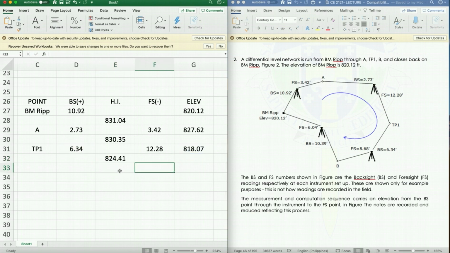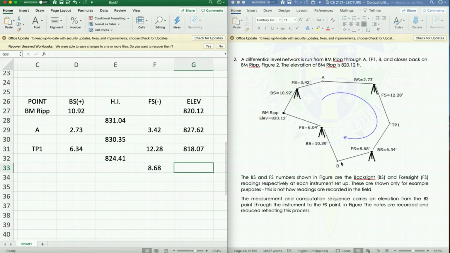Then let's find the foresight of TP1. This is the foresight, which is 8.68.